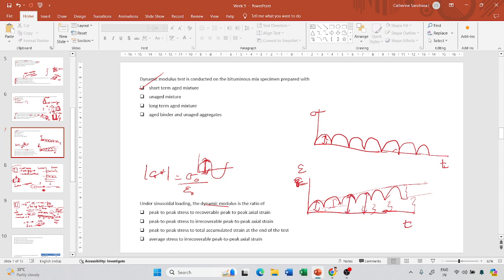You will remove the irrecoverable part, eliminate this part and take only this value as the amplitude of the strain waveform. This is the recoverable strain. So the dynamic modulus will be the ratio of the peak to peak stress to the recoverable peak to peak strain.